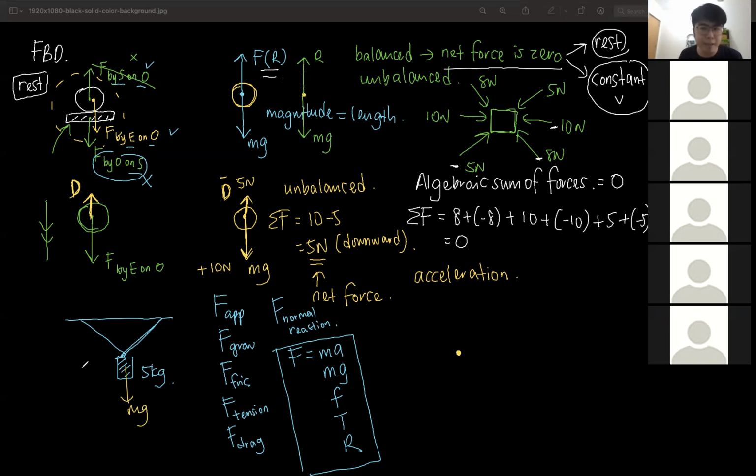How do we label the tension, by the way? Let's say you have a string hanging an object. How do I label the tension in the free body diagram? Imagine the last molecule in the string that is attached to the object here. The object is trying to pull the molecule down.